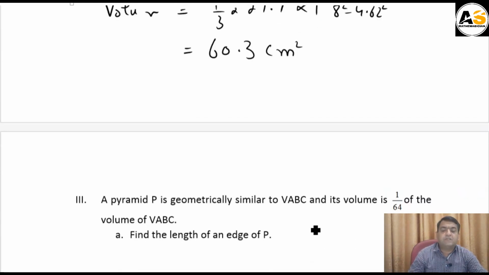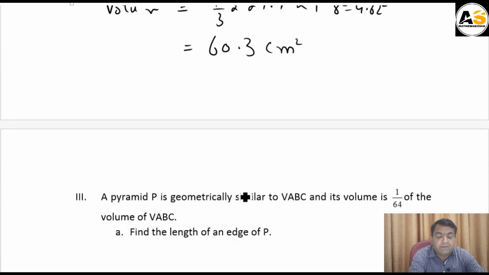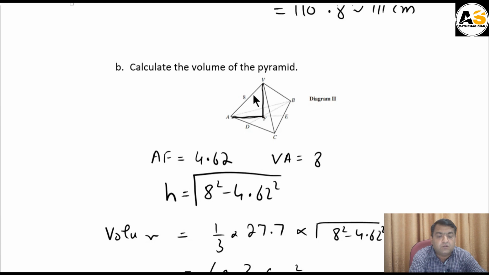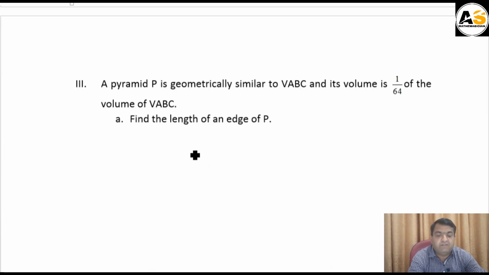The next part of this question is: a pyramid P is geometrically similar to this pyramid, and its volume is 1 by 64 times the volume of VABC. We have to find the length of the edge.